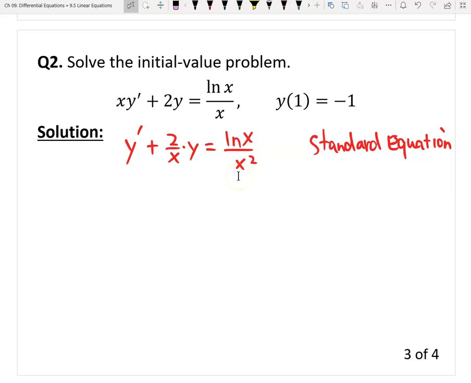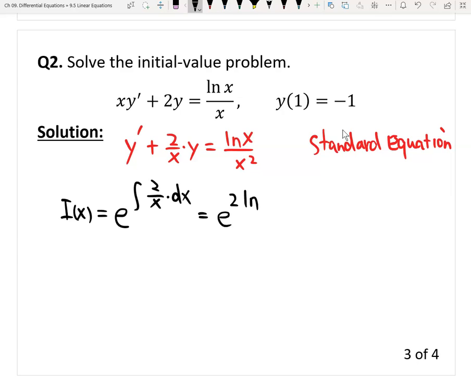Exactly, we follow the formula we just introduced step by step. Now we move to the first step, find the integrating factor. I(x) equals e to the integral of p, p is 2 over x, dx. The calculation is easy because this is a reciprocal.